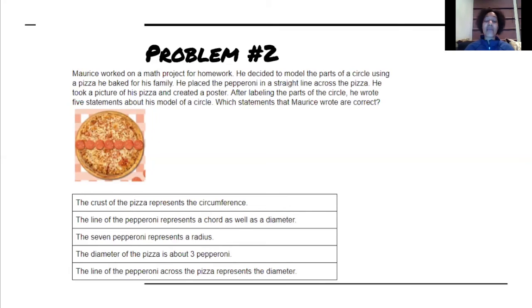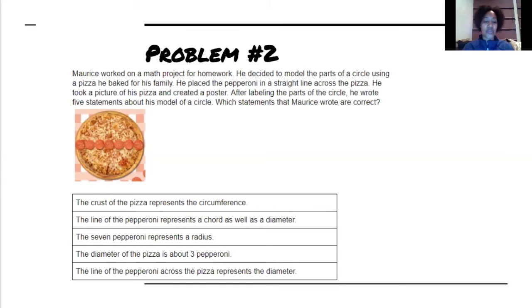I could even say that the pepperonis, look at the pepperonis, they are going through the center of the pizza, but they're touching 2 points on the circle. So going through the center and touching 2 points, that's the diameter. Okay, so we have some information. So let's see about the answer choices.